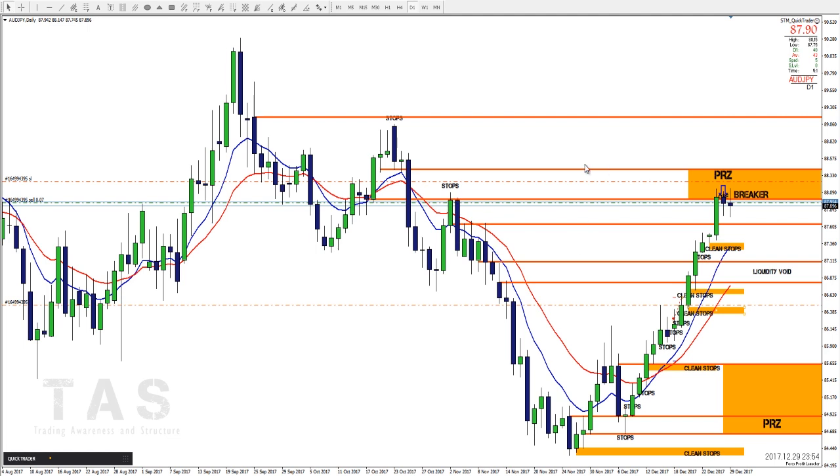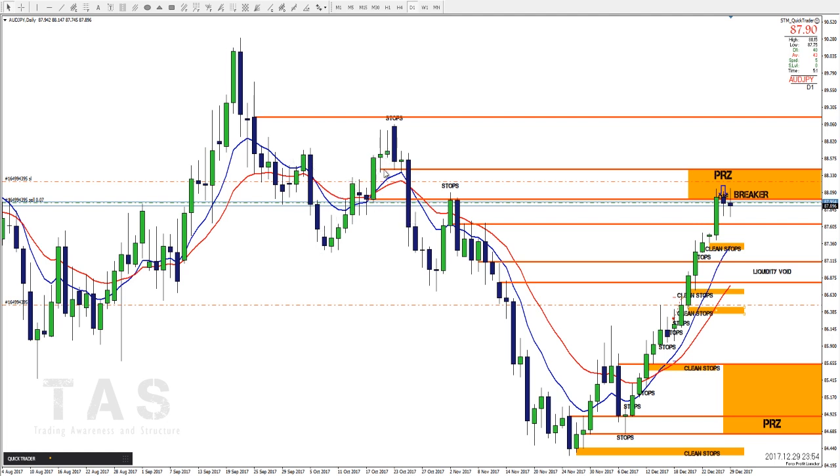But where is price going? I was looking at this candle, or these candles, to be the rejection, to be the PRZ, the potential reversal zone. And why these, or why this, and why these?